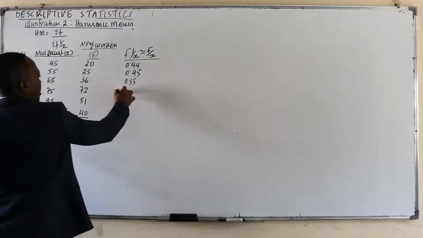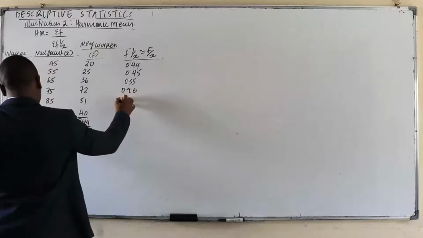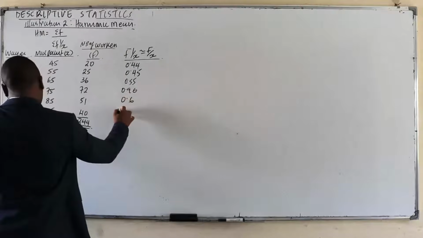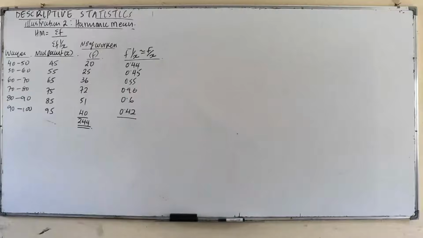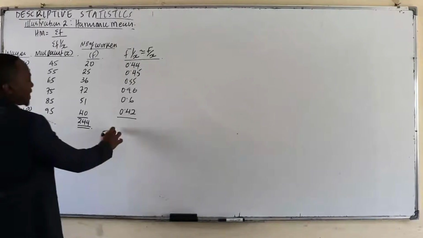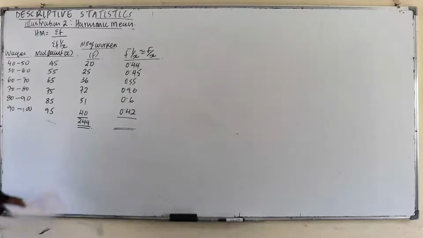This one will get 0.96. This one will be 0.6. This one will get 0.42. And then you add the total. Give me the total.